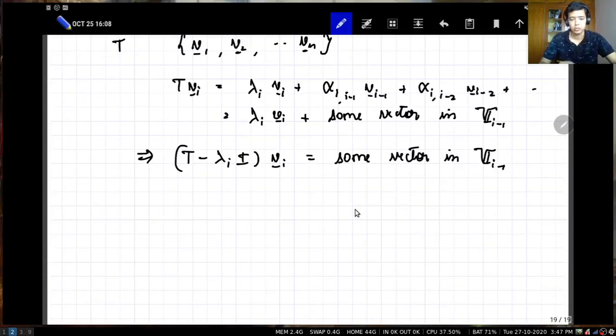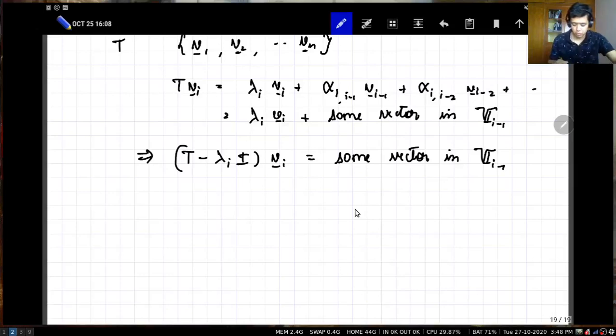This is good. And so the important property that we want to use over here is that T minus lambda i times Vi is some vector in the subspace script Vi minus 1.